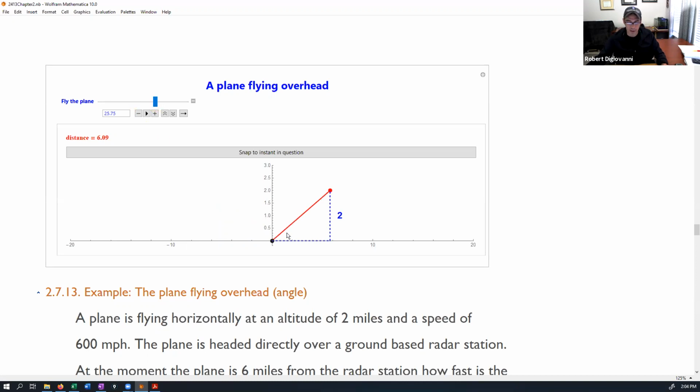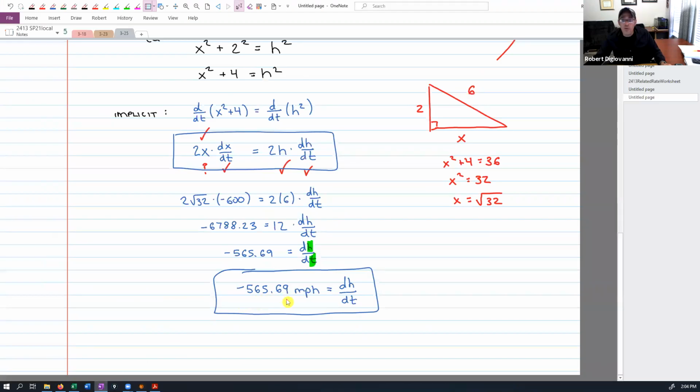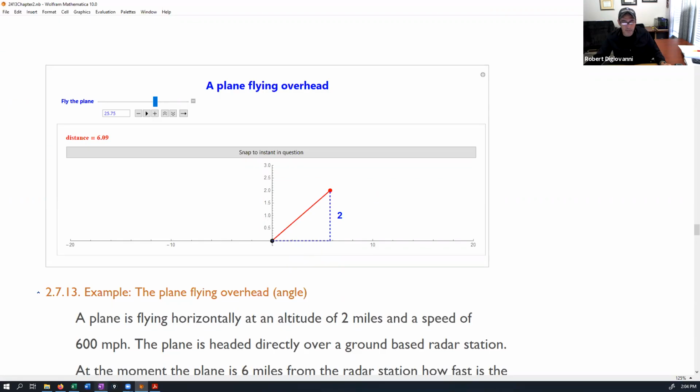And so if this was 6 miles, it would be the answer we just got, but positive. It would be like if the plane's now moving to the right and you were holding onto a rope that was tied to the plane. Then that rope would be coming out of your hand at 565.69 miles per hour. And then shortly thereafter, all your fingers would fall off from the rope burn. But that's how fast the rope would be coming out.